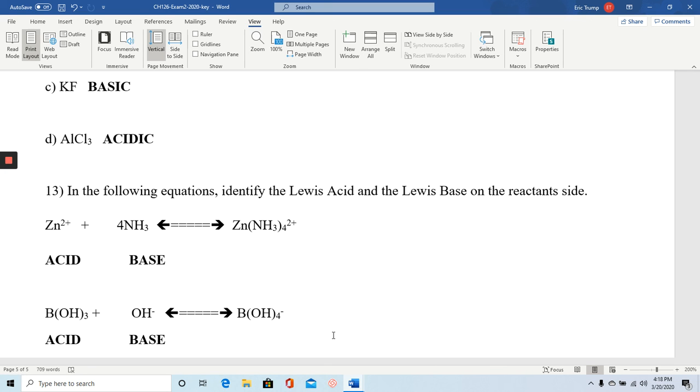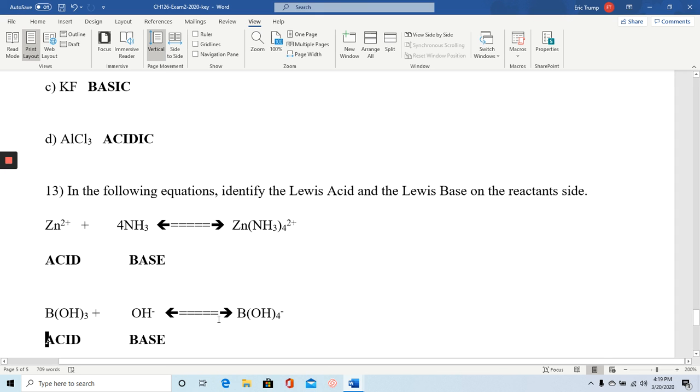If it's positive, that indicates a deficiency of electrons, so it's not going to be donating electrons. So zinc 2+ would be the Lewis acid. It would attract electrons because of the positive charge. If we were to draw the Lewis structure of ammonia, there is a lone pair of electrons on the nitrogen that could be used for donation.